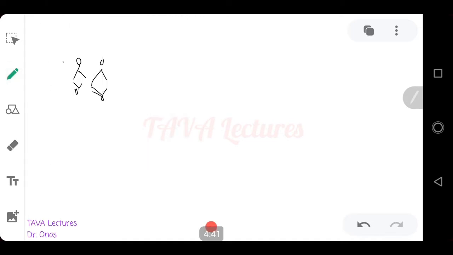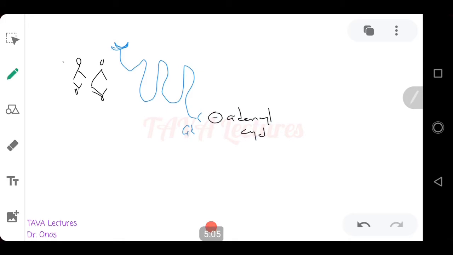This is the receptor M2, and M2 are coupled to a type of protein here. Let me just draw the protein like this. It's a GI protein this time, and the GI protein leads to a deactivation of an enzyme called adenyl cyclase.